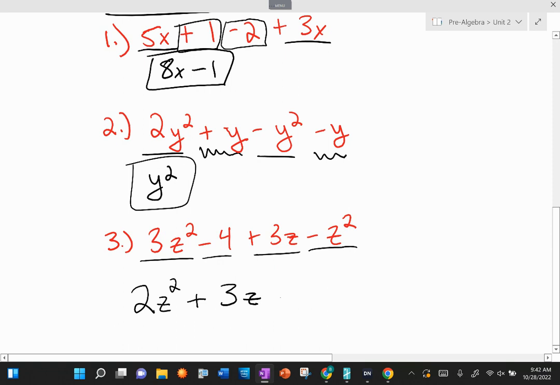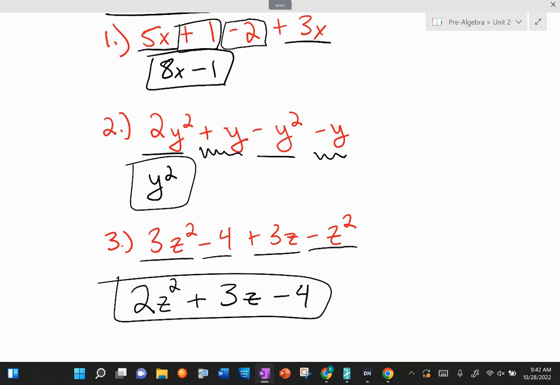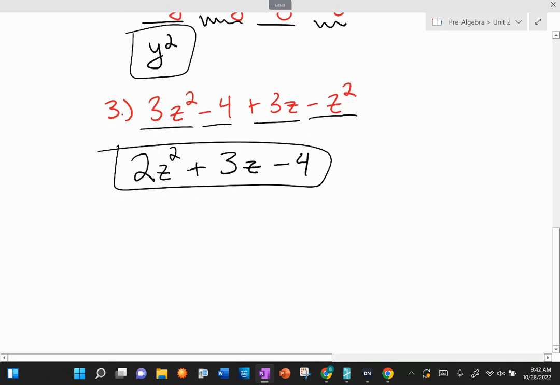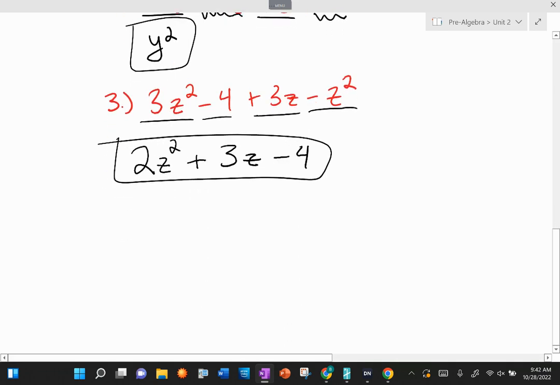And then we also have a minus 4. Algebra students in here, how many degrees does that last expression have? No, the 2z squared plus 3z minus 4. You agree?